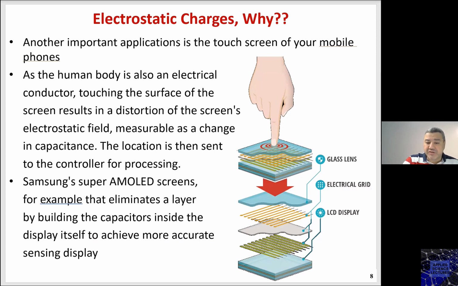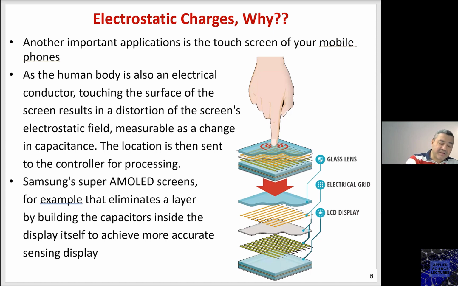One of those applications is really your mobile phone. Your mobile phone touch screen, or the iPad, or any touch screen device, basically has a screen that is sensitive toward charges applied by your finger or by your stylus, the pen that you're using.